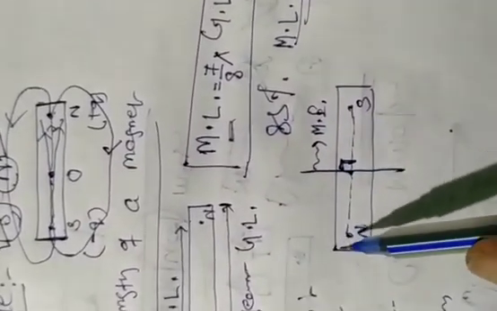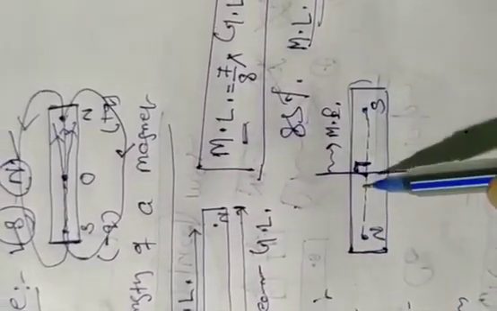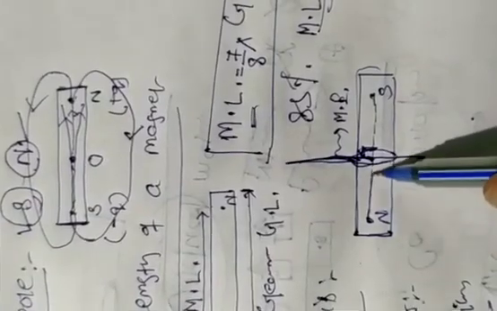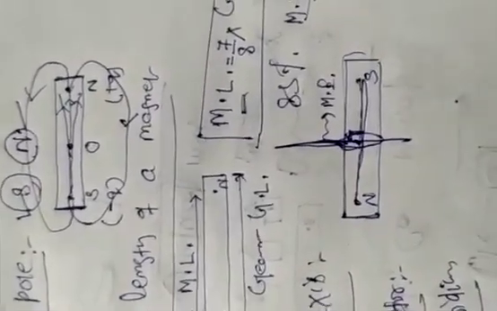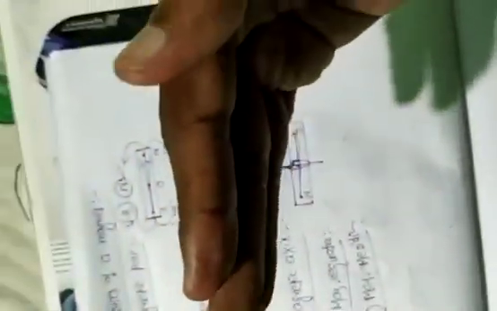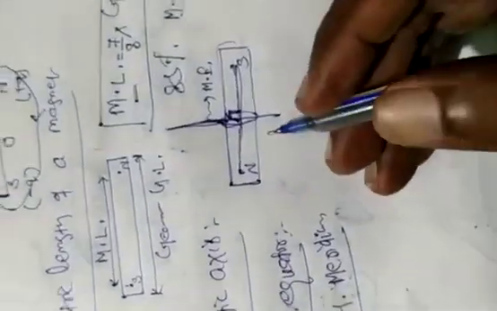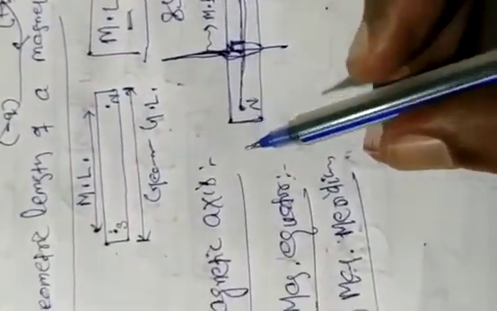So, let this be a bar magnet suspended from its center with the help of a rope. The imaginary vertical plane passing through this is called the magnetic meridian of the bar magnet.